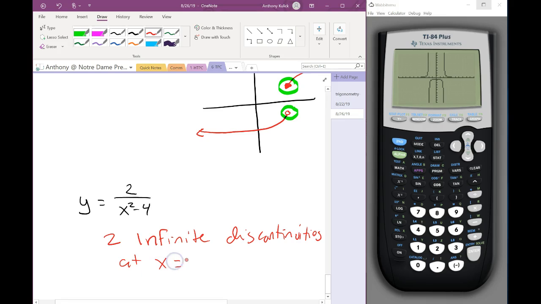And if we were to estimate where those happen at, it looks like -2 and +2. Everybody okay with that statement?